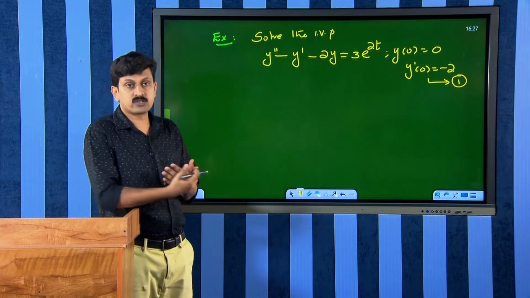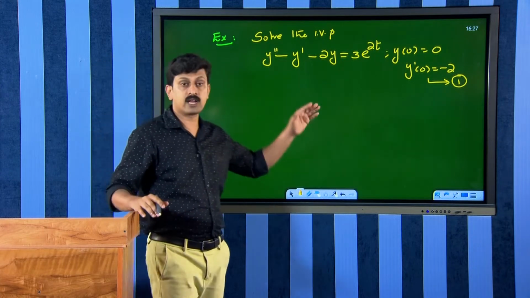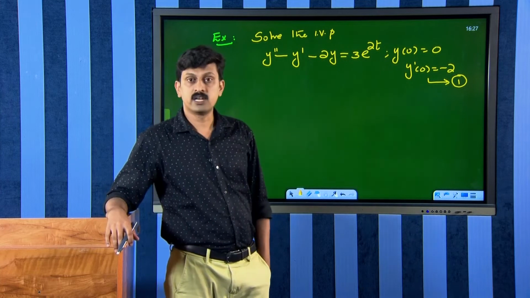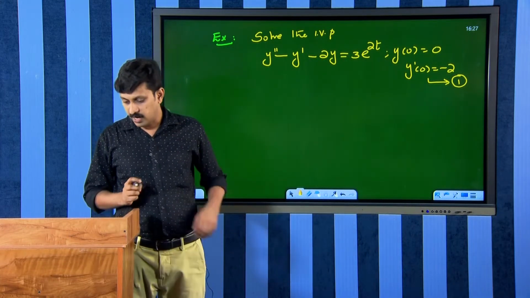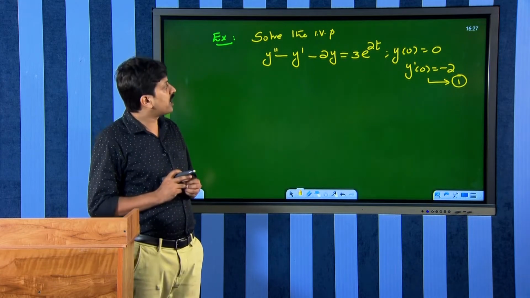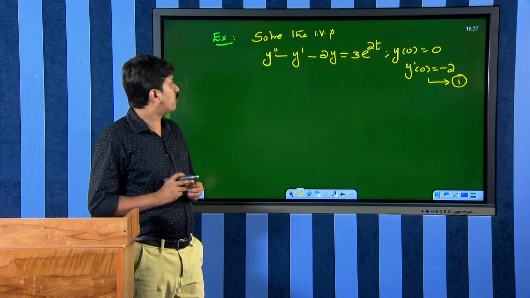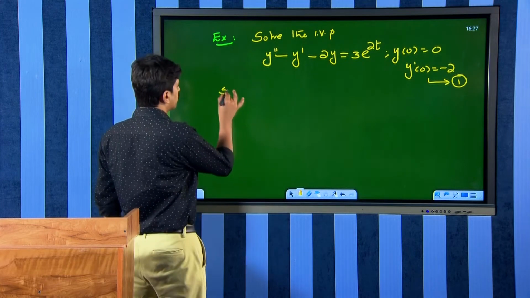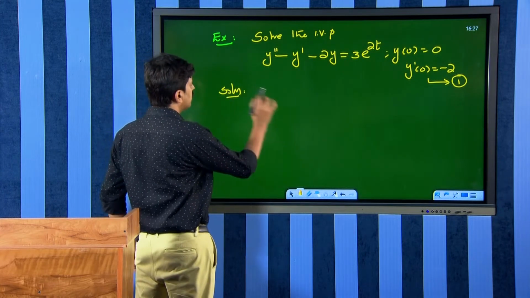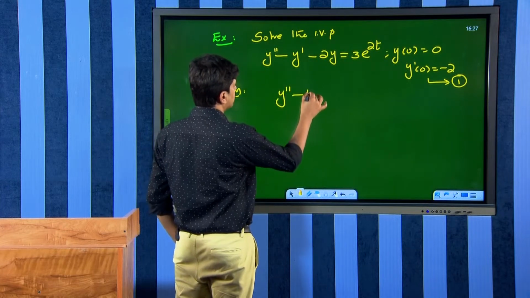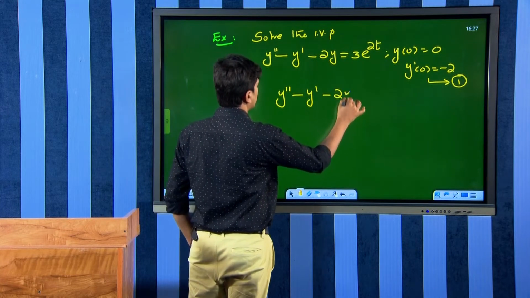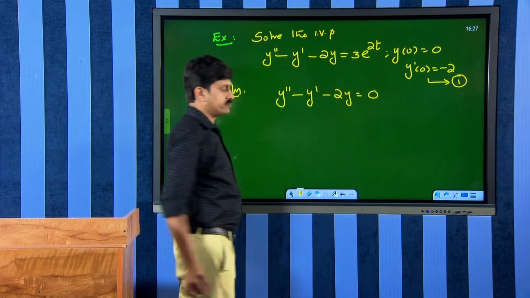While seeing the question, we understood that it is a non-homogeneous linear differential equation with constant coefficients. Definitely we can find the solution of the homogeneous part. So, as part of the solution, we can write the homogeneous part as y double dash minus y dash minus 2y equal to 0.